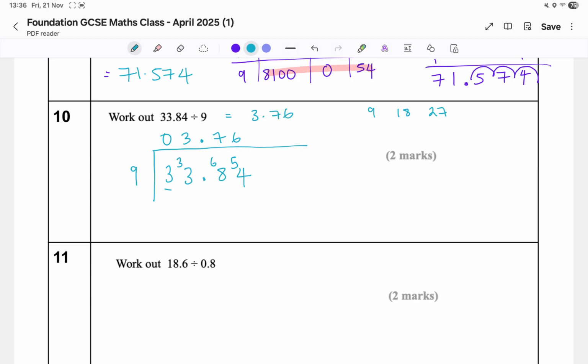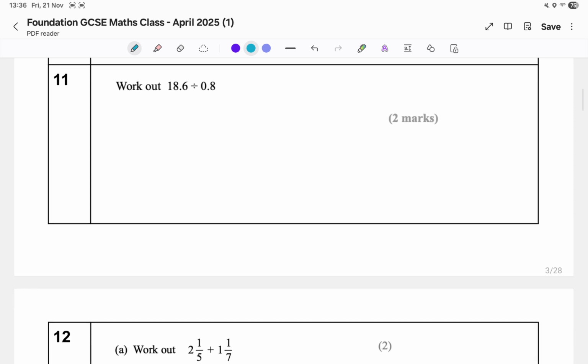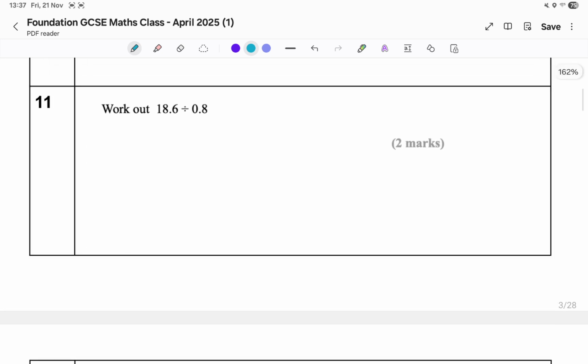So that's fairly straightforward. And then the last scenario is when you're dividing a decimal by a decimal. So the easiest method to do this is by getting rid of this decimal. And how you do that is, I'm going to write them both as fractions.